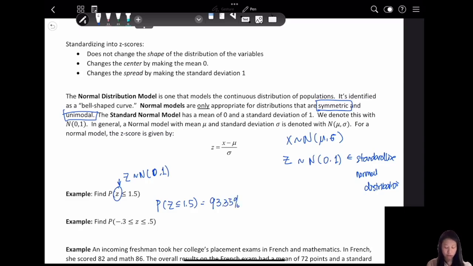Okay, the second one is to find the probability of z between -0.3 and 2.5. Again, z means this is already standardized, so we use the mean equal to 0 and sigma equal to 1.